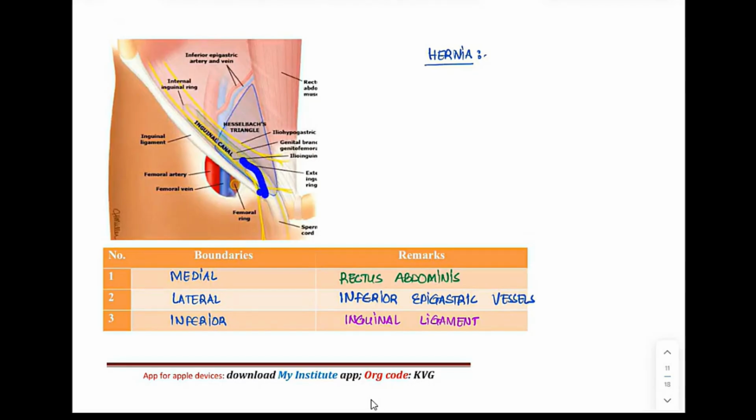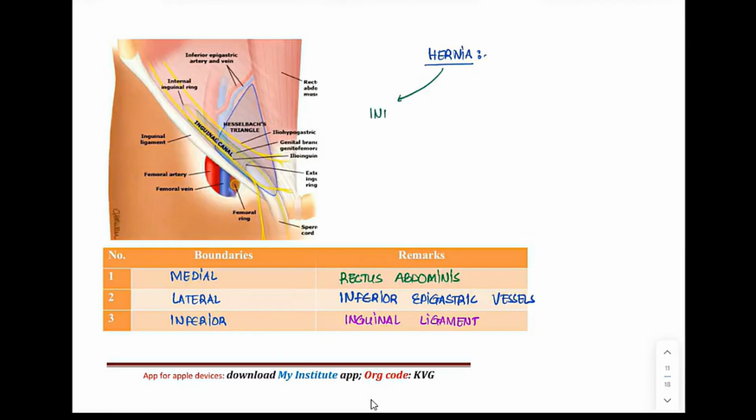One is it can enter into the deep inguinal ring, travel through the inguinal canal, and then come out through the superficial inguinal ring, or it can directly enter into the inguinal canal through the posterior wall, and then come out through the superficial inguinal ring.